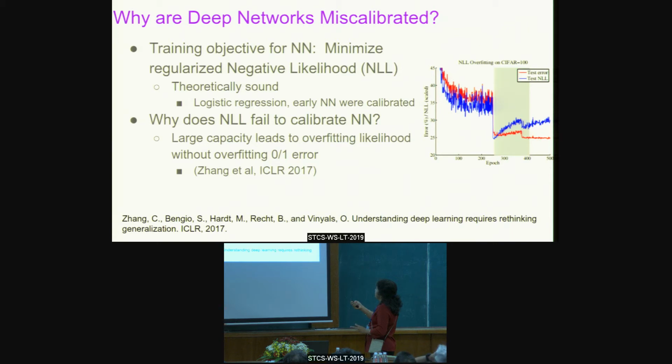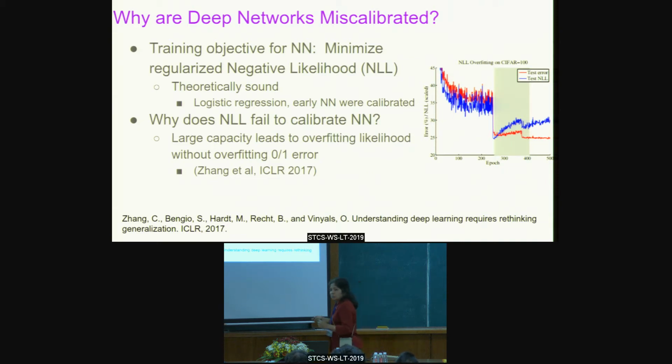It shows that as you proceed with training, and here you have error or negative log likelihood for test data, and it was found, this is on a CIFAR-100 image classification task, it was found that, forget about this big shift that came about because suddenly you changed the learning rate, but it was found that after a while, even though you continue to reduce the test error, your test likelihood increases.